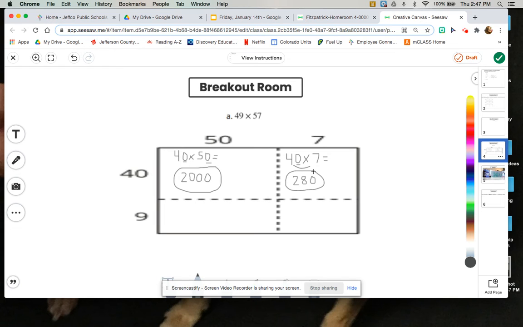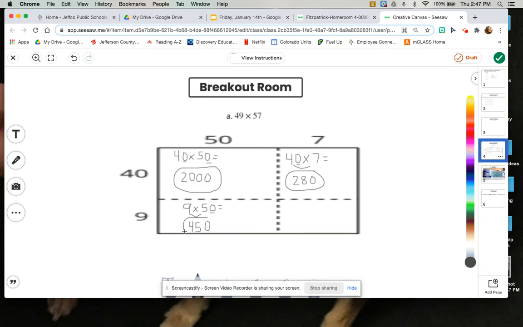Now we're going to go down to the next row and we're going to do 9 times each of these. So the first equation is going to be 9 times 50. Okay, and so then again, 9 times 50 would be really hard. So students are going to do 9 times 5 instead, which equals 45. And then we have 1 placeholder right here that we're going to bring back.